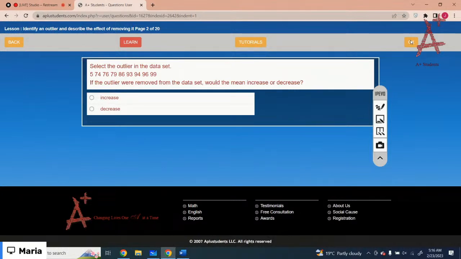Just 5 is single digit. So 5 is smaller than the rest of the numbers. If you remove 5, the mean is decreased. Increase, sorry. If you remove a smaller outlier, then the mean is increased.